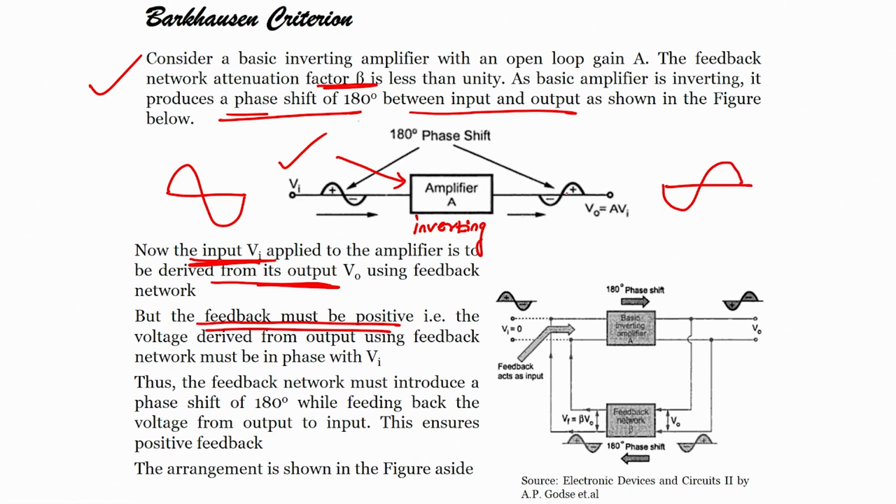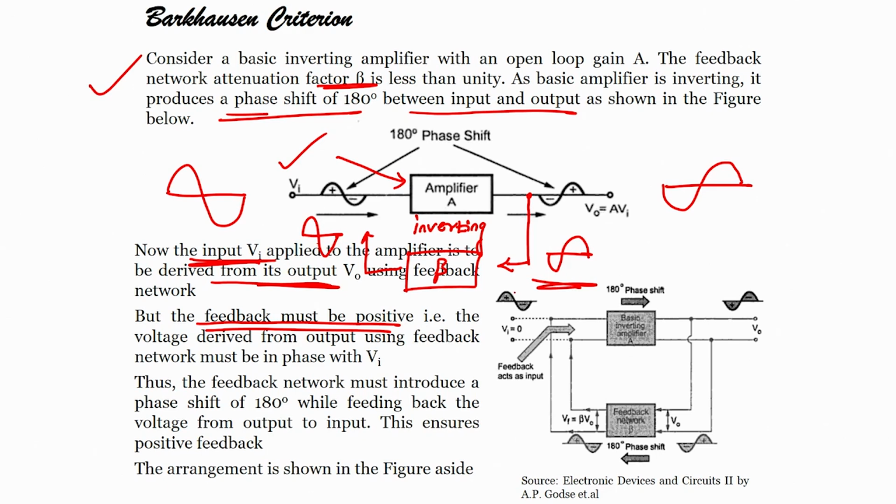That means if I feed part of this voltage back to the input of the oscillator, the phase here is 180 degrees out of phase, but here I want the same phase, because this is a positive feedback, right, we have just seen.